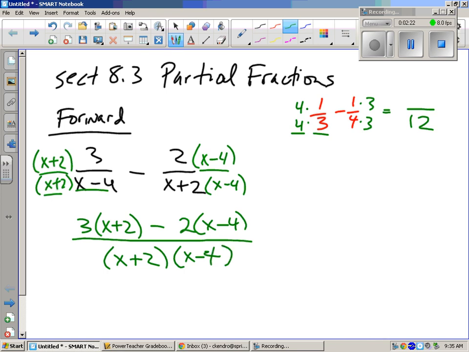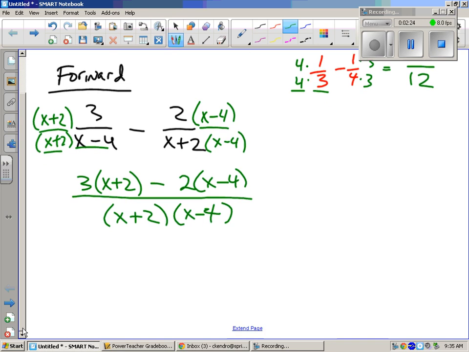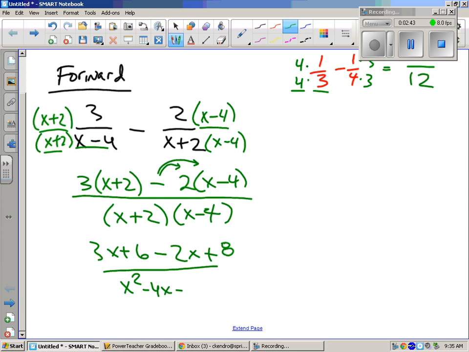Next I'm going to distribute on the top and start simplifying. So I have 3x plus 6 minus 2x plus 8. Remember to distribute that negative to both of those. And on the bottom, if I FOIL that out, I get x squared minus 4x plus 2x minus 8.